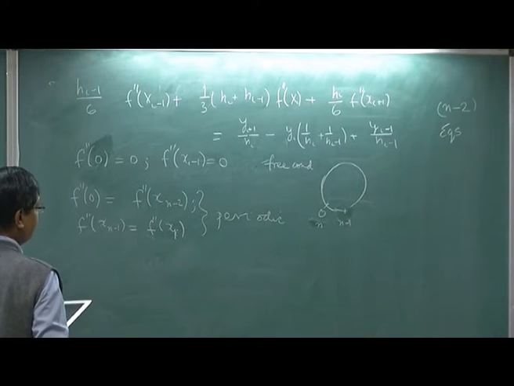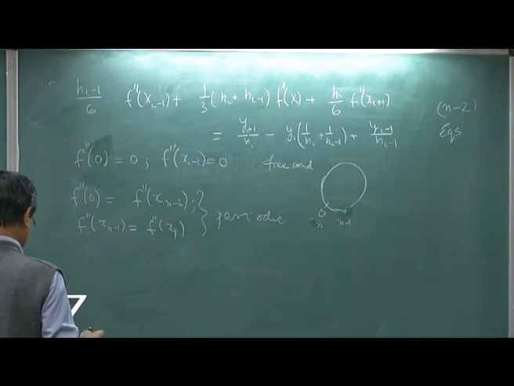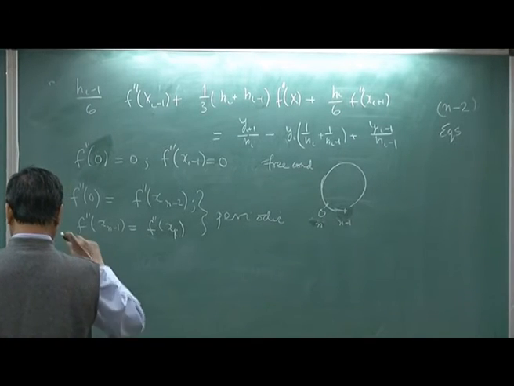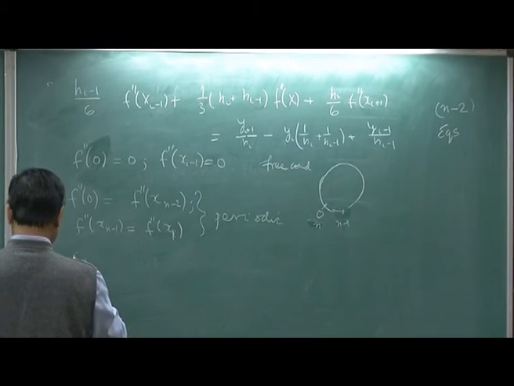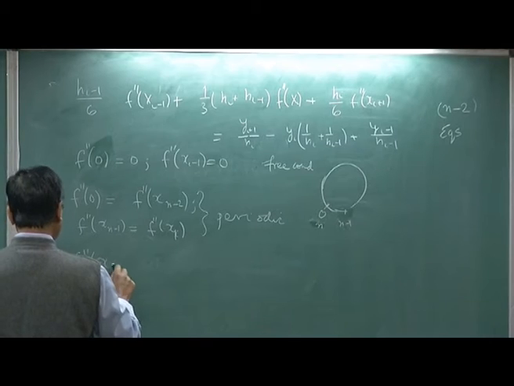And we can also have some other conditions. So this is called parabolic runout. Third condition is f double prime 0.